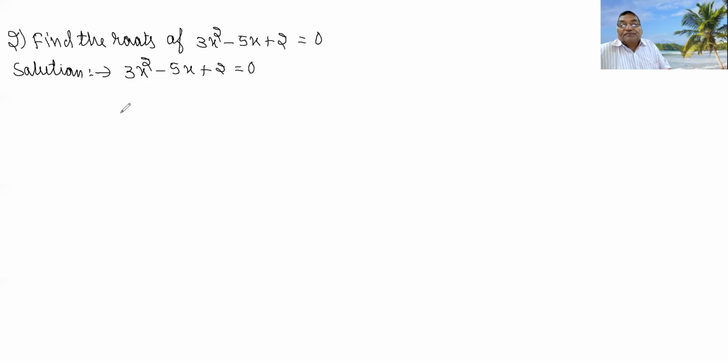And second step, transfer the constant term to the RHS. 3x square minus 5x plus 2 is there, transfer it to the other side, it becomes minus 2.